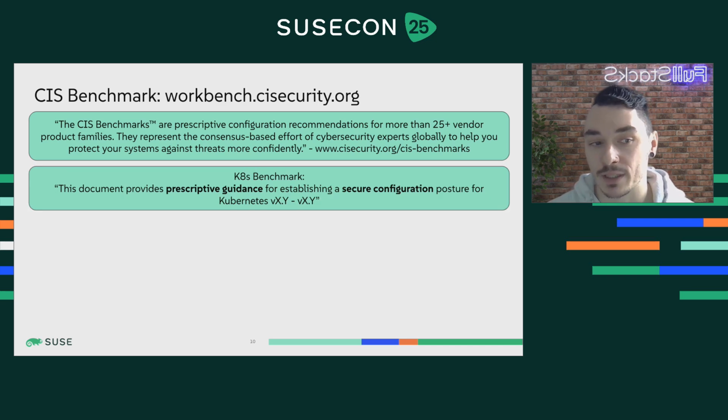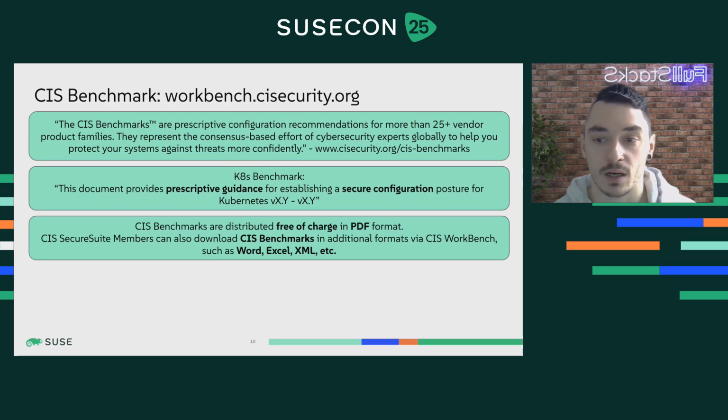The Kubernetes benchmark in particular provides prescriptive guidance for establishing a secure configuration derived from best practices from the Kubernetes security expert ecosystem. And each Kubernetes CIS benchmark version is always valid for at least one or multiple Kubernetes versions.